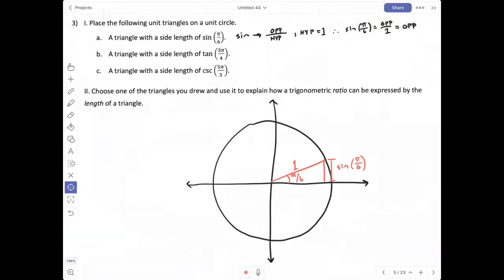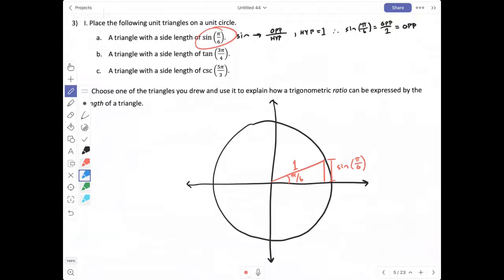So I made the opposite side be the sine of pi over 6 by making the hypotenuse 1. Obviously, since the hypotenuse is 1, it is on the unit circle, because the unit circle has a radius of 1 unit, which is why we call it the unit circle. Cool. That one was in red.